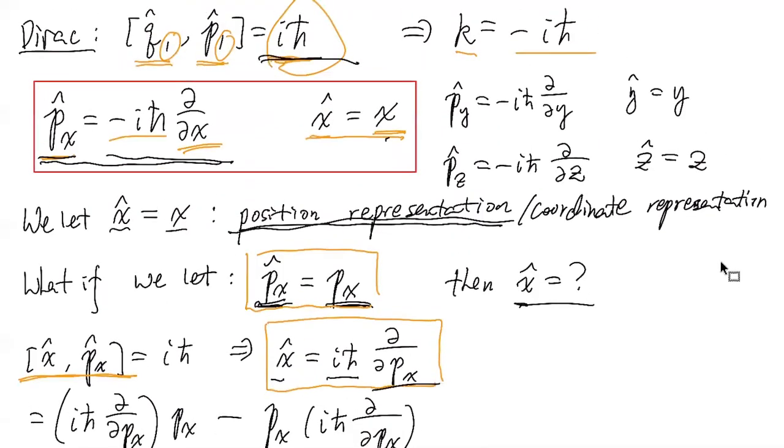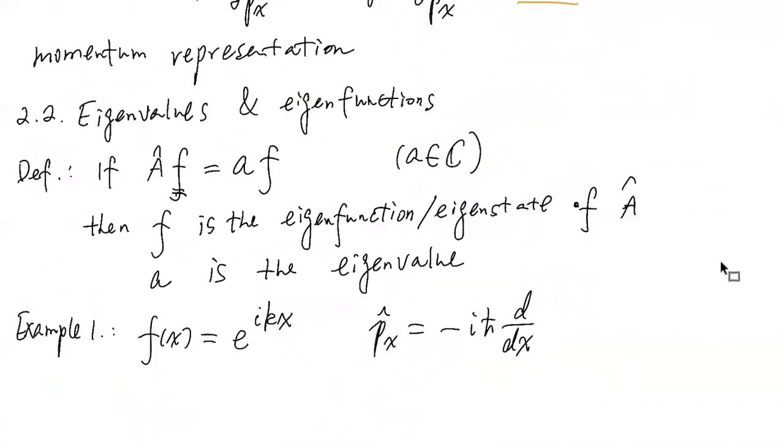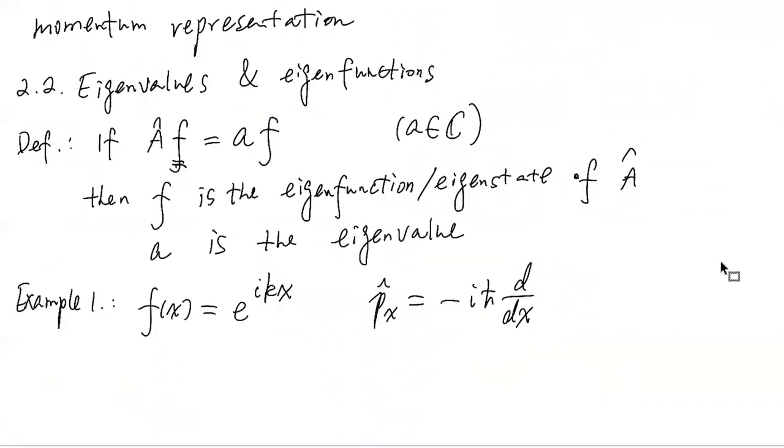Because you have the three components of the momentum px, py, and pz. You can add them up to get the total momentum operator, which is a vector actually, right? And of course, you can also get the momentum squared, which is connected to the kinetic energy, and the momentum squared is a scalar operator.